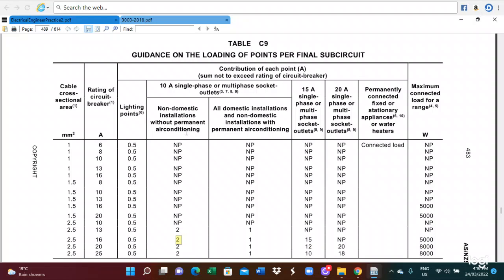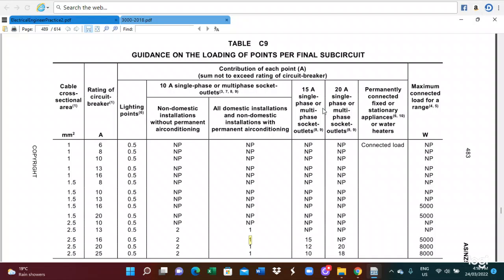For domestic installation, or non-domestic installation with permanent air conditioning, you can connect a different number of 10 ampere socket outlets.